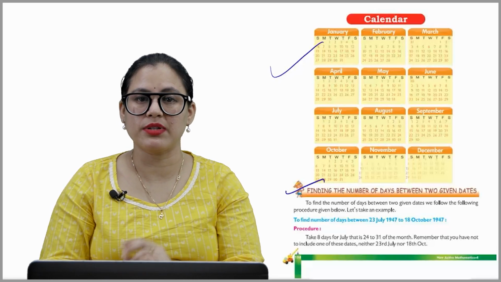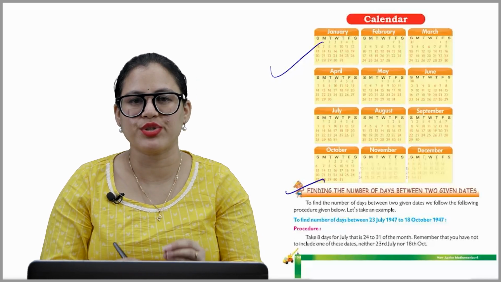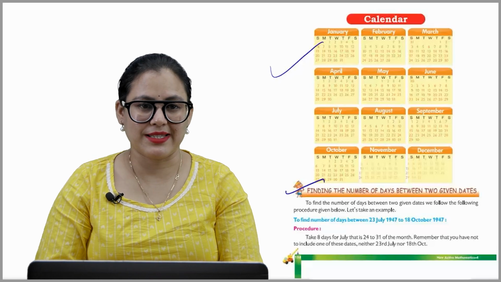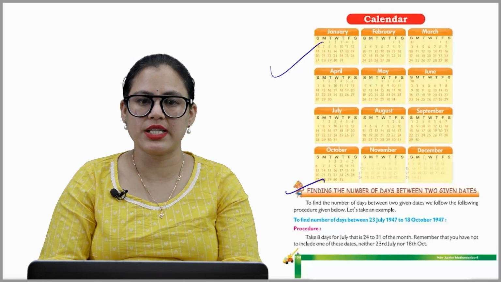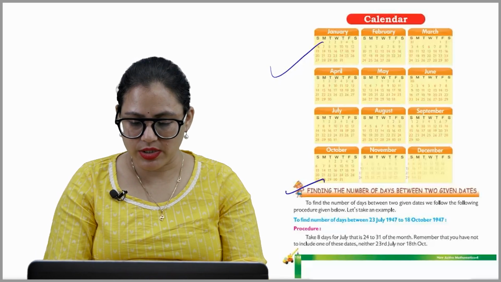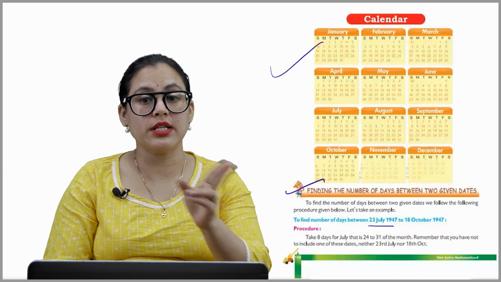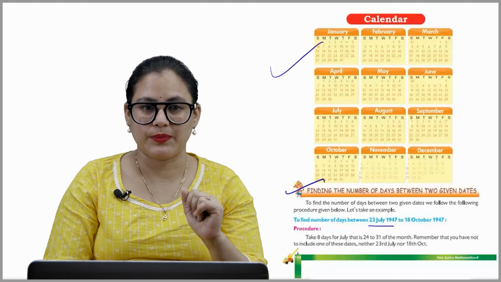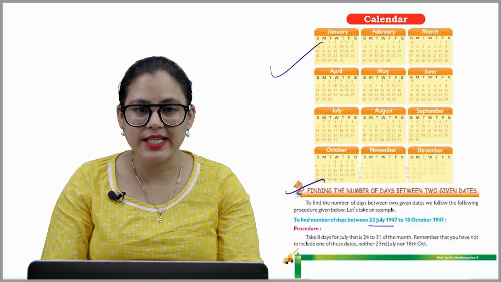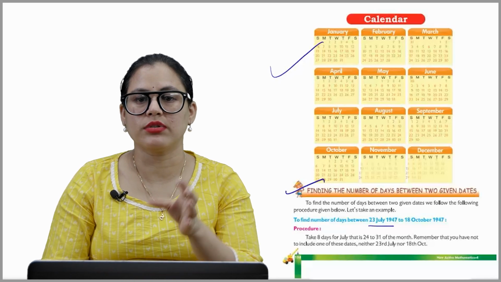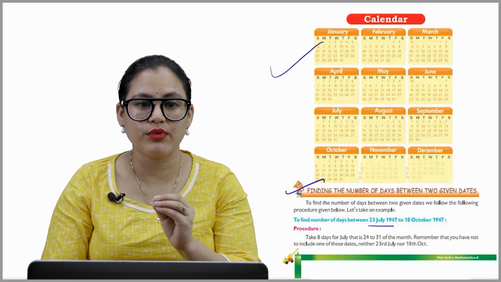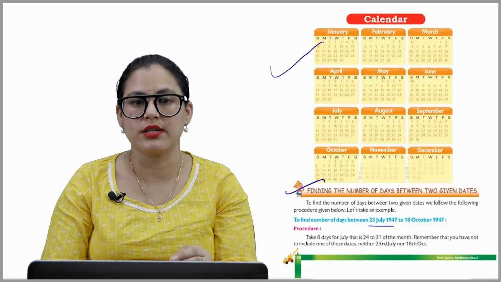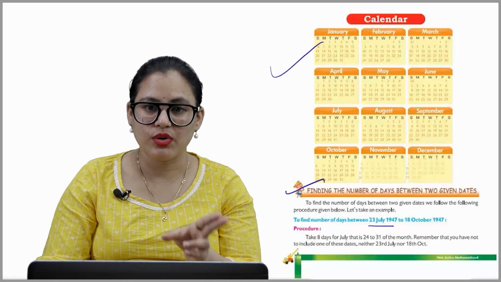Now, finding the number of days between two given dates. To find the number of days between two given dates, we follow the procedure given below. Let's take an example: to find the number of days between 23 July 1947 and 18 October 1947. Procedure: take 8 days for July, that is 24 to 31 of the month. Remember that you have not to include one of these days, neither 23 nor 18.